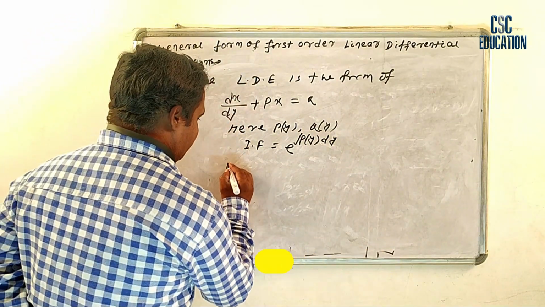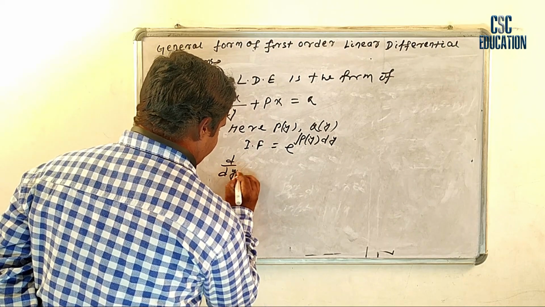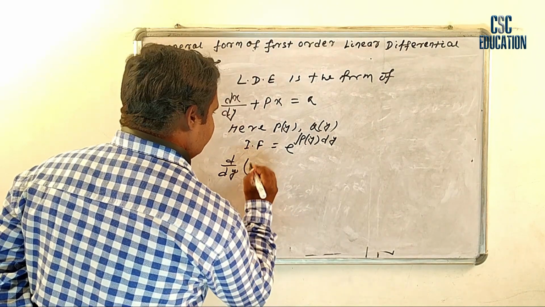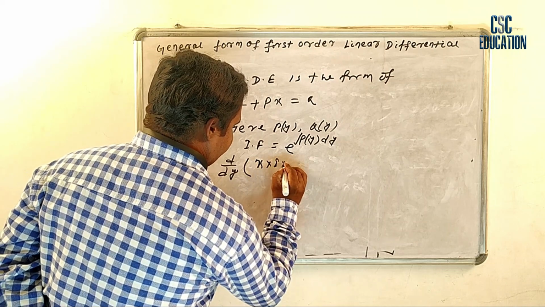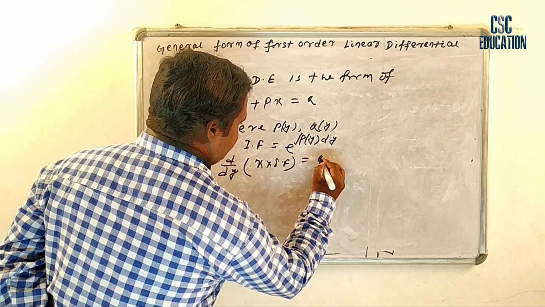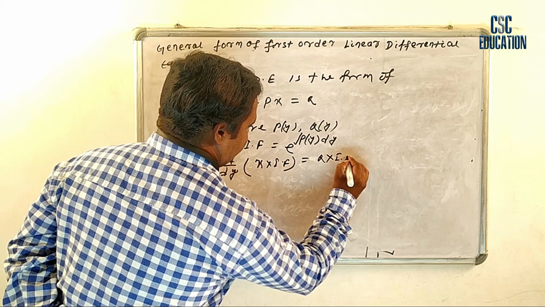Generally, multiplying by this integrating factor, d by dy of x into the integrating factor equals Q into the integrating factor.